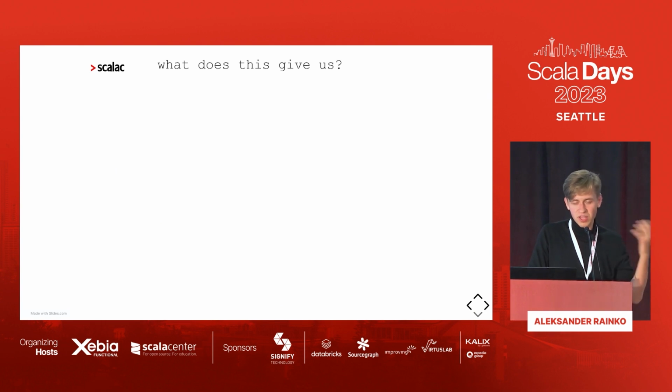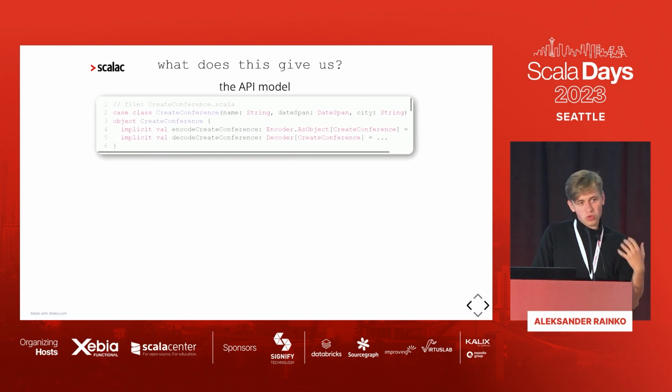And what does this really give us? What does OpenAPI plus guardrail, or maybe Smithy4S, give us? It usually generates the actual API model that we want, an exact copy of the specification that we just wrote. That usually takes the form of a case class. In this case, it's a case class CreateConference with the same fields that we specified. It also generates encoders and decoders for our protocol of choice, which is JSON here.